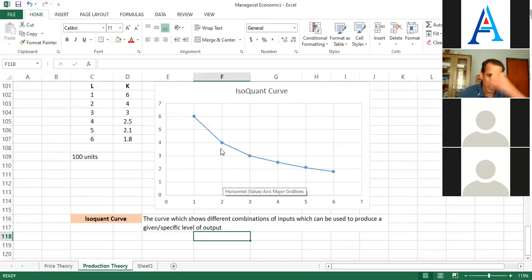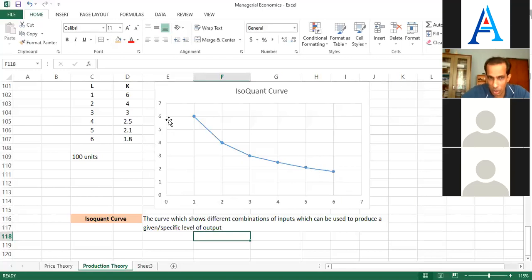So that is a very special curve. You can see completely different combinations of input. When we move towards this point, you can see more labor. If more labor is used, less capital. If the firm uses a factor combination like this, it is using a mainly labor intensive production technique.